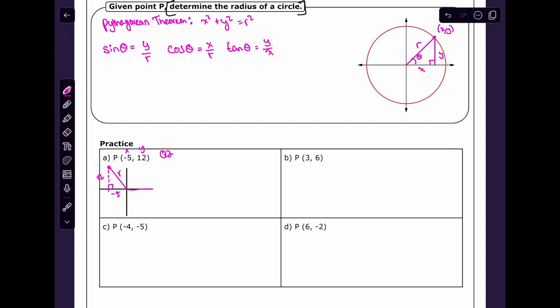To do that, we can just use the Pythagorean theorem. So it's going to be 5 squared plus 12 squared is equal to r squared. It's going to be 25 plus 144. 169 is equal to r squared. Root 169 is equal to r. So 13 is equal to r.